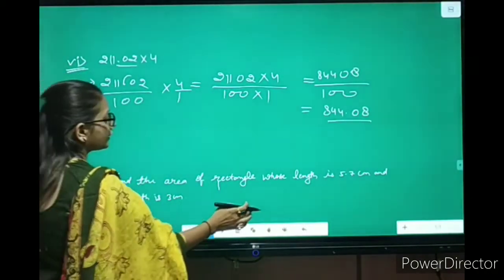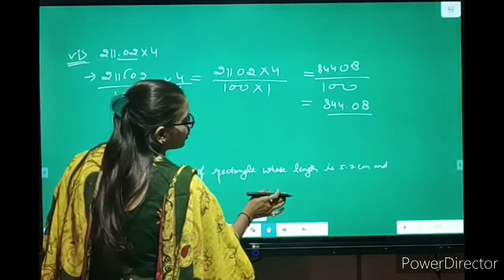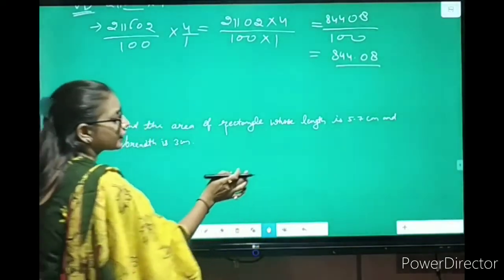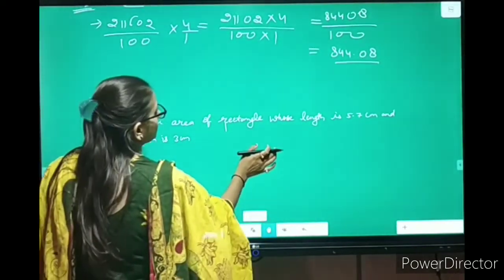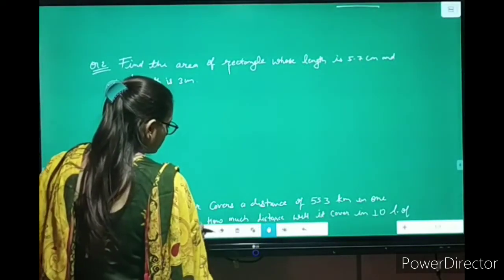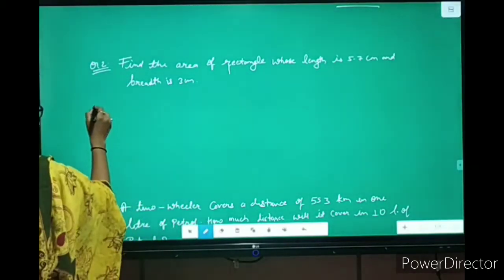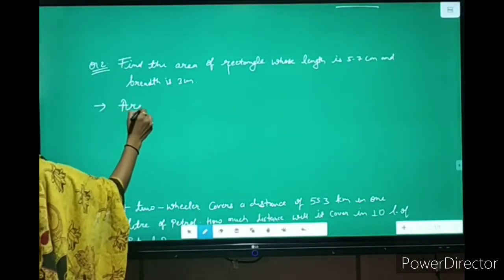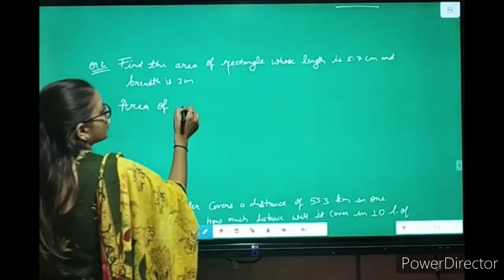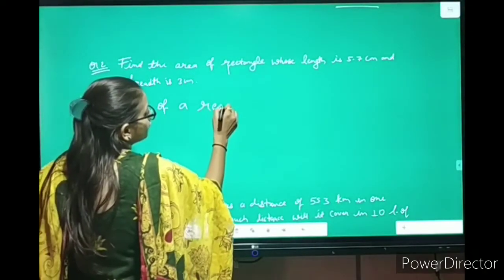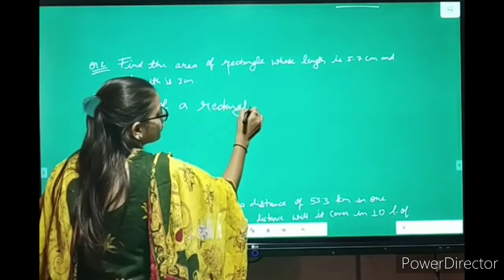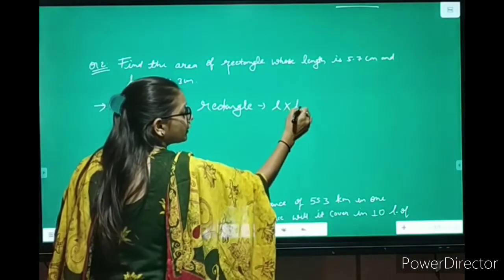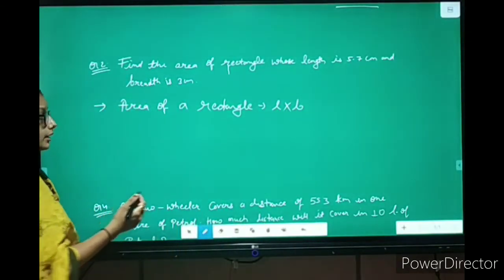Next question is find the area of a rectangle whose length is 5.7 centimeter and breadth is 3 centimeter. Area of a rectangle is L multiply by B, length multiply by breadth.